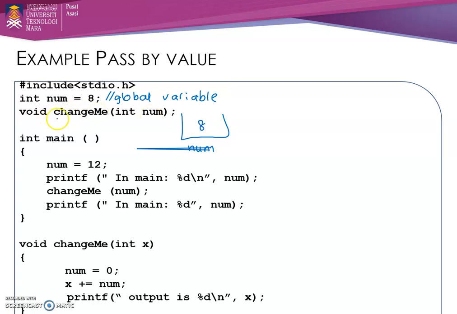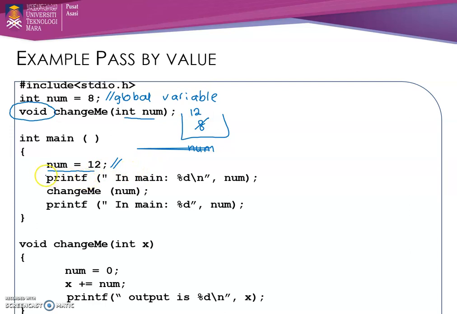Next, we go for the function prototype, where the function name is change me, and this function is going to pass one variable, which is integer num, and this function has no return value. Going into the main function, the global variable is replaced by a new value, which is 12. So you have to replace the num value as 12.